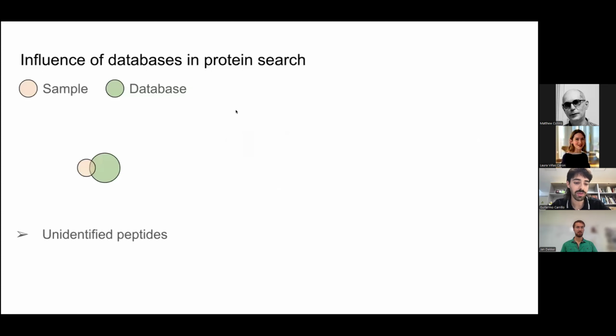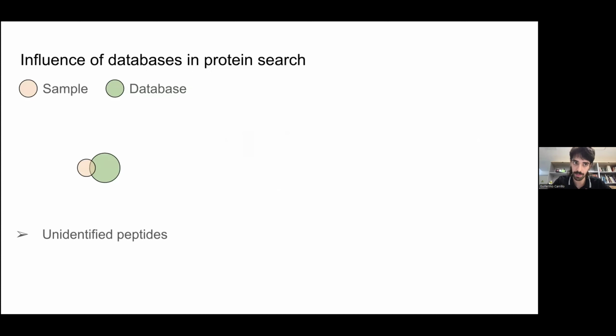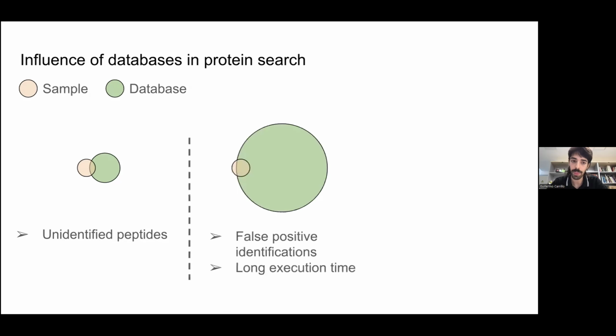Here I present some scenarios of what can happen in terms of the peptides we have in our sample, the real peptides we want to identify, and the peptides that we have in our database. Of course, if a peptide is not included in our database, we will not identify it. In this first scenario our database is rather small and most of the peptides remain unidentified because there's not a good overlap.